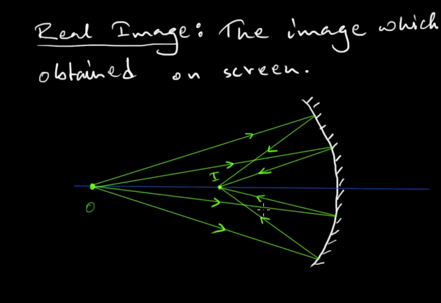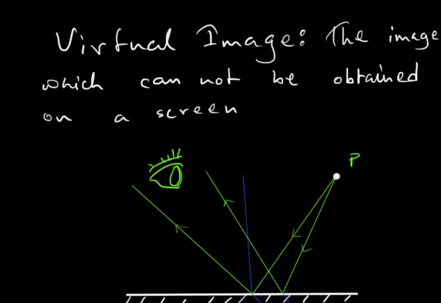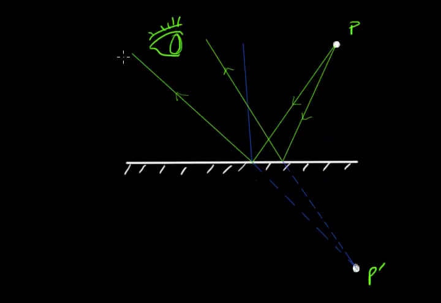Now let's move on to the virtual image. In case of virtual image, the image cannot be cast on a screen. This kind of image is formed by the regular mirror or the plane mirror. This is a typical example of virtual image.